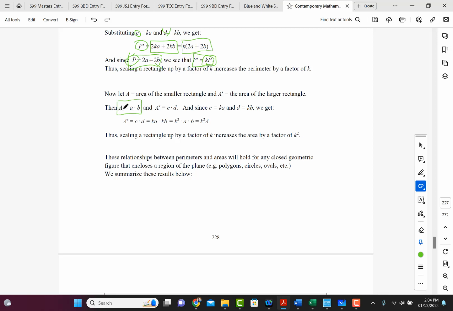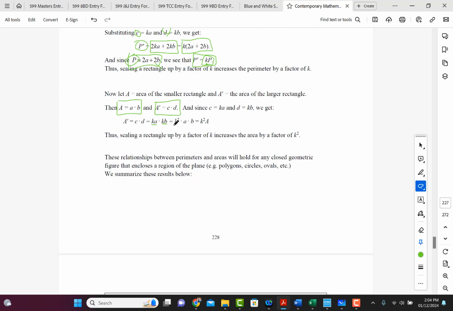So the area A is A times B, and the area A prime of the larger rectangle is C times D. Again, if we use substitution, we know that C is equal to K times A, and D is equal to K times B.